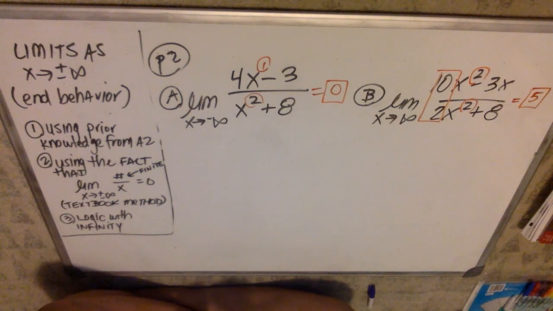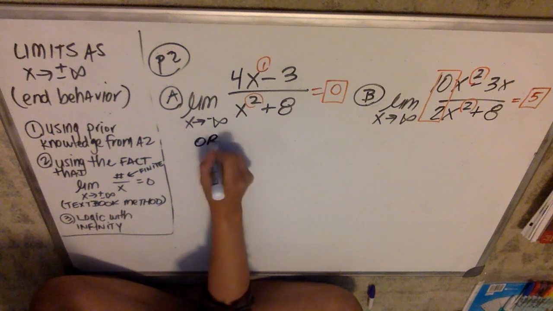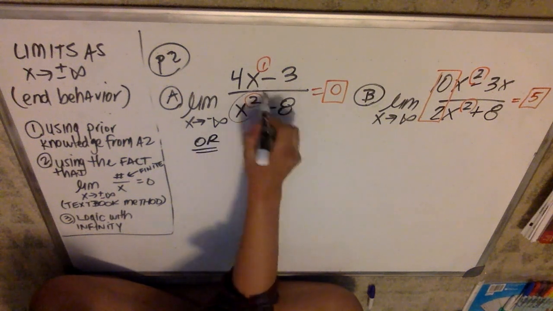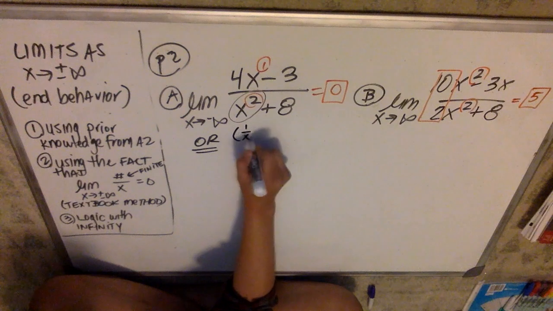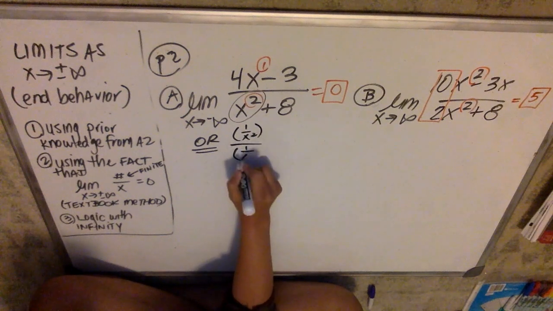Now, that's great. If you don't see the shortcut, or if you wanted to do it the slightly longer way, the other way to do this is to take the largest power of x that I see, which in this case is an x squared, and multiply the whole thing by 1 over x squared.